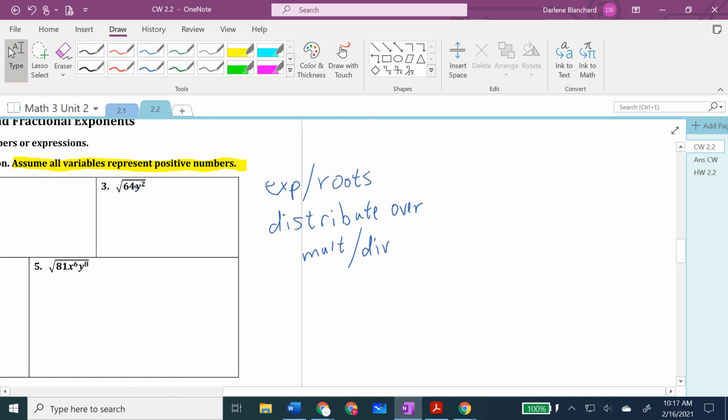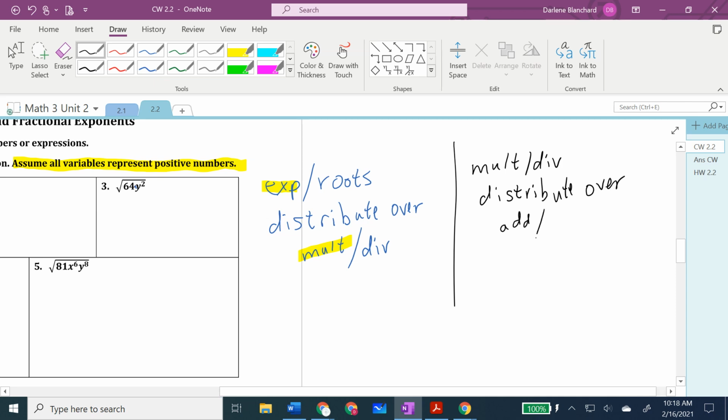And that distributive property works because when you have an exponent, it's repeated multiplication. The distributive property you're familiar with is if you have multiplication or division over addition or subtraction.